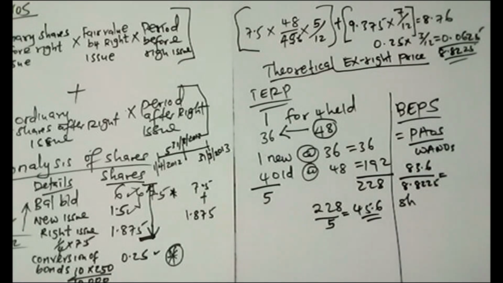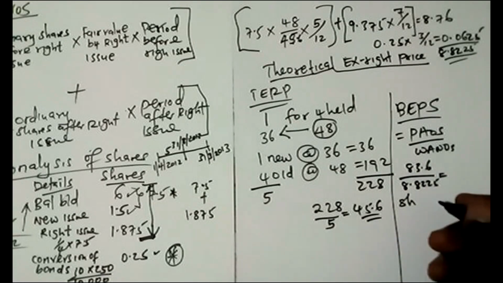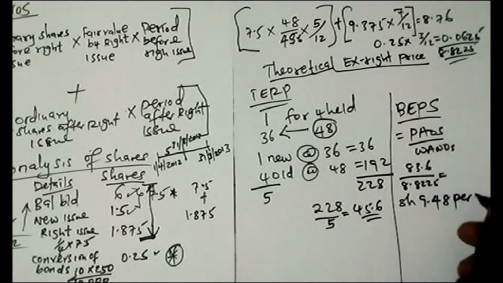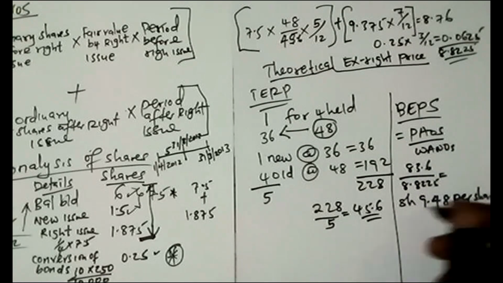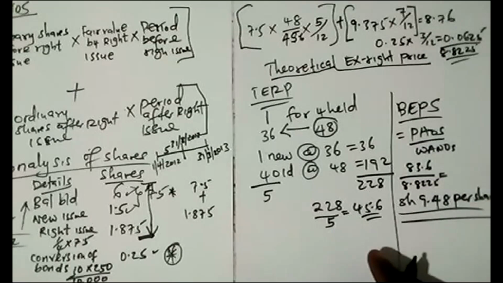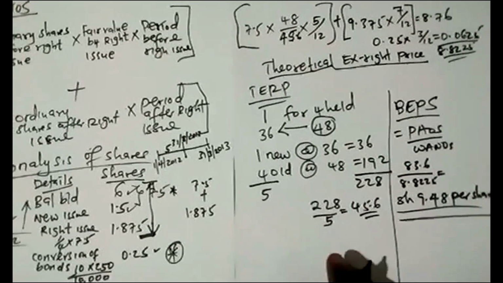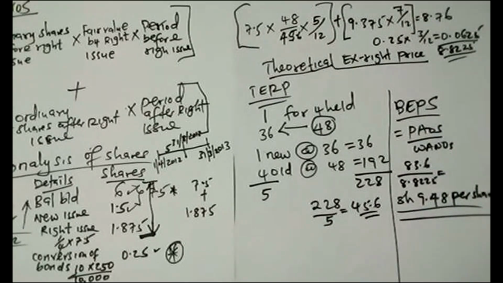That is shillings 9.48. So that was 9.48 per share.